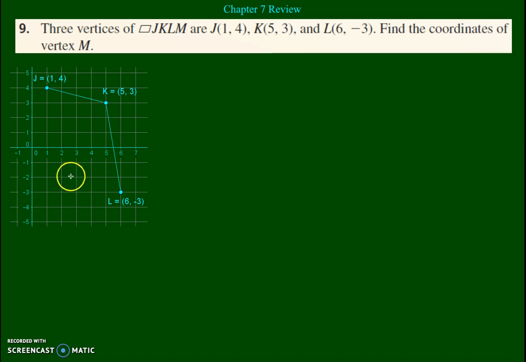Now, we have several methods we can use to find this. The one I'm going to pick is to exploit the fact that the opposite sides of a parallelogram are parallel. So, given that segment JK has to be parallel to LM, LM has to have the same slope as JK.